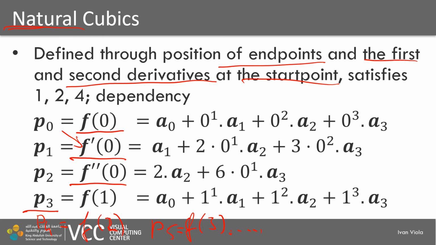So this curve, the natural cubic, will come somehow to this F1 position, and we don't know how at the beginning of our curve construction. It will have some first order derivative value, and it will have some curvature, which will depend on how this curve is defined through its A0, A1, A2, and A3 coordinates.